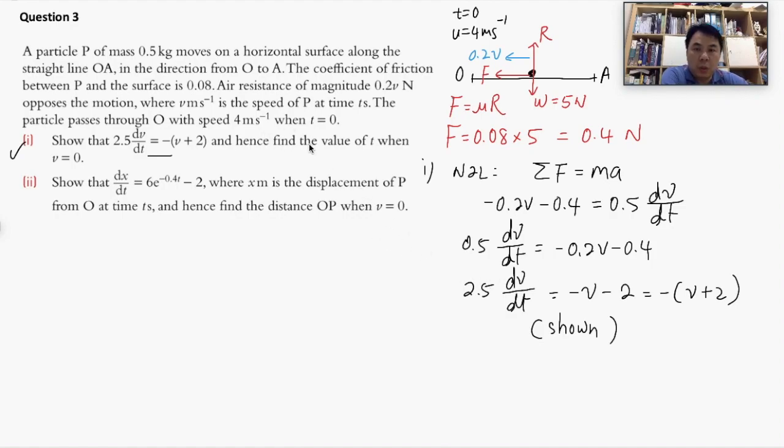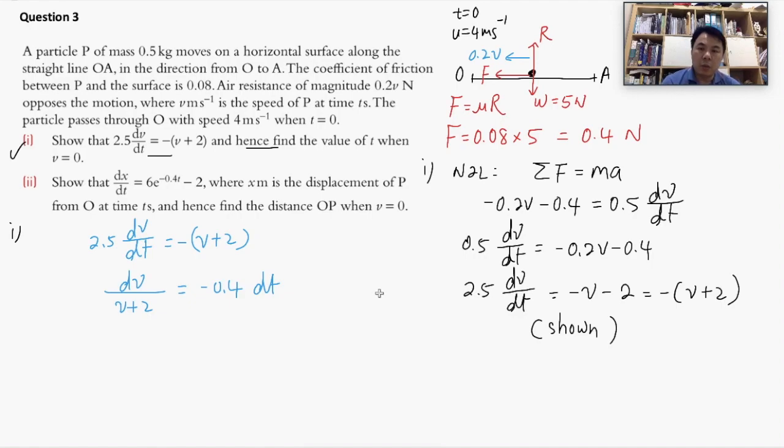As usual, in order to answer the next section here, we need to solve this differential equation. We are still on number 1 here. We have 2.5 dv/dt is equal to negative (v plus 2) here. As usual, grouping. So negative 1 over, let me see, should be 0.4 here, dt.